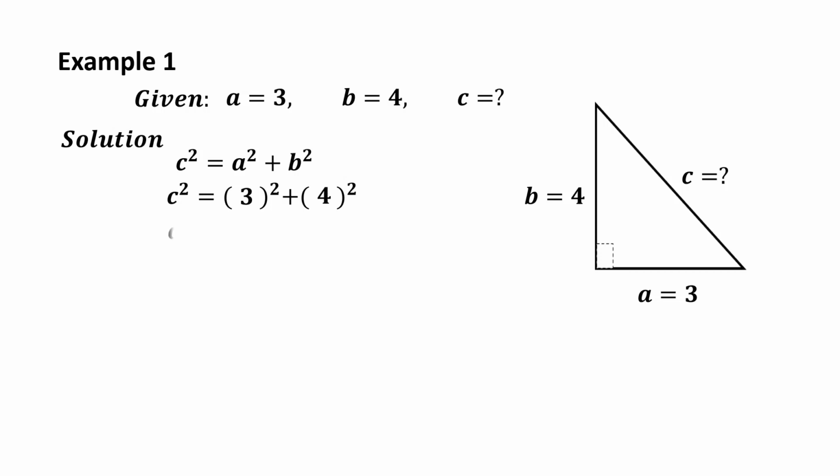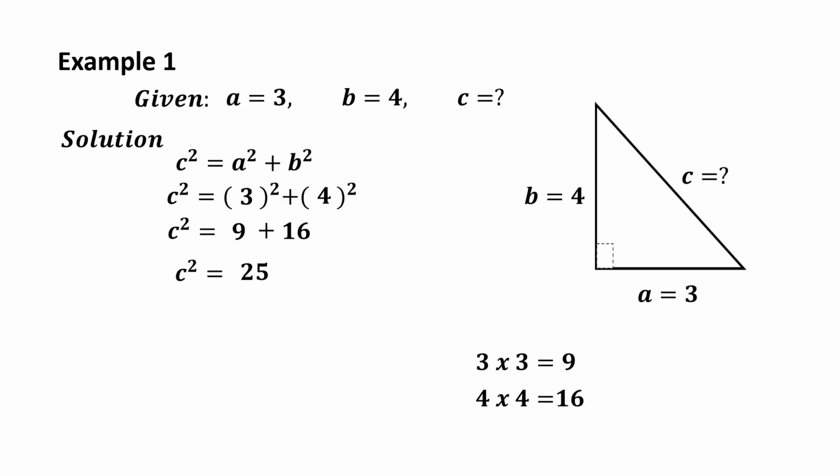Then, we have c squared is equal to the square of 3, simply 3 multiplied by 3 is equal to 9, plus the square of 4, simply 4 times 4 is equal to 16. So, we have c squared is equal to 9 plus 16 is equal to 25.